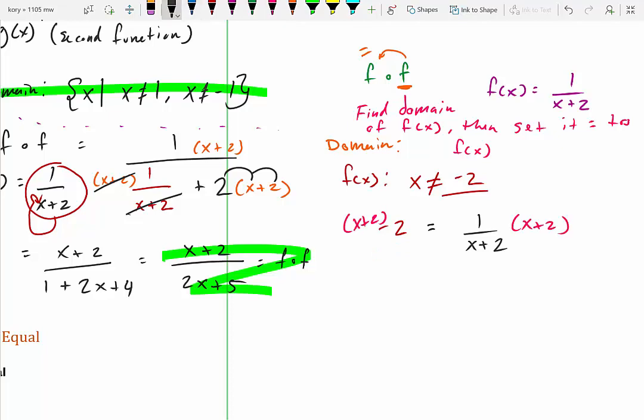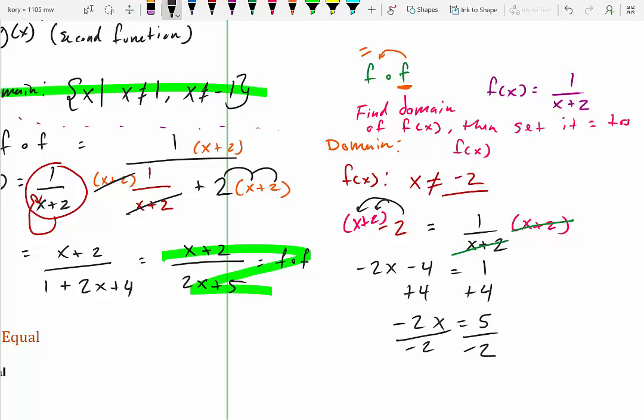So we distribute this negative 2 to get negative 2x minus 4 equals, the denominators cancel out, and we have equals 1. So we add 4 to both sides. We get negative 2x equals 5. Divide by negative 2 to get x equals negative 5 over 2.